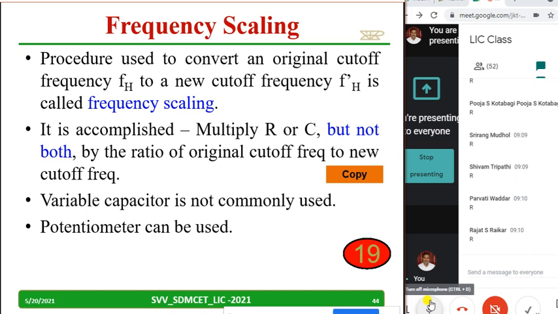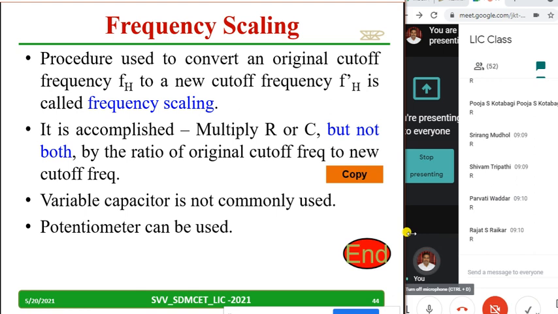And you should multiply either R or C by the ratio of the original cutoff frequency to the new cutoff frequency. Original cutoff frequency to new cutoff frequency. Hope most of you have copied.